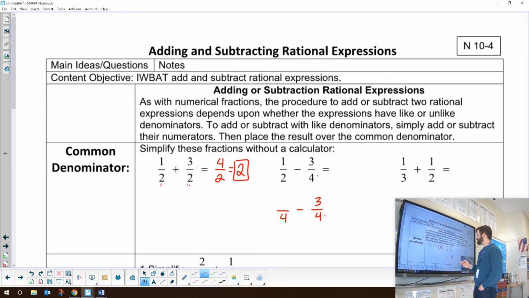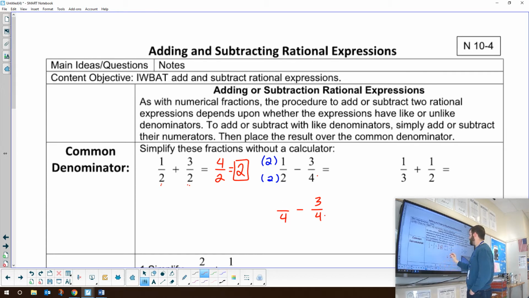It's just 3/4. But to get this 2 to be 4, I need to multiply that 2 by 2. And so since I multiply the bottom by 2, we also need to multiply the top by 2. Okay? So to get from 2 to 4, we had to multiply it by 2. And so we need to multiply by 2 to the top as well.